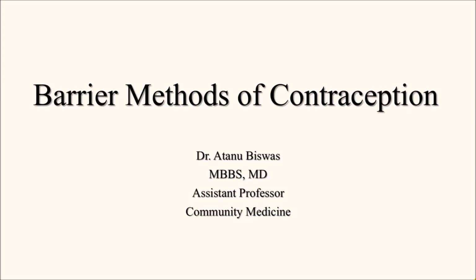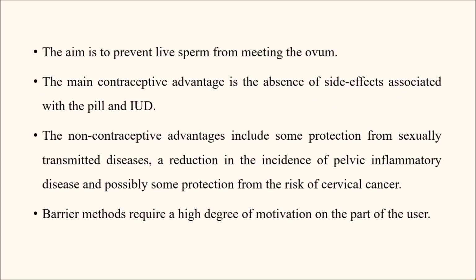Today, we shall discuss the different barrier methods of contraception. The aim of the barrier methods is to prevent the live sperm from meeting the ovum so that fertilization can be avoided. The main contraceptive advantage is the absence of side effects associated with some other very commonly used methods like pills, especially the hormonal preparations, and the intrauterine devices.